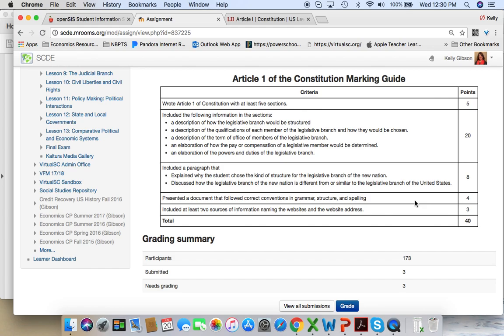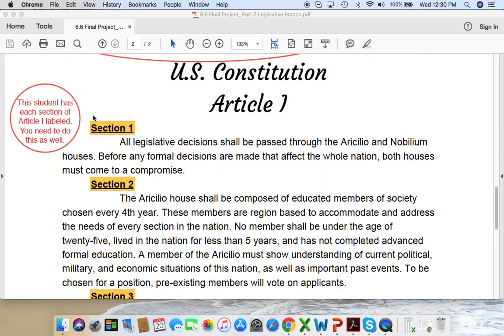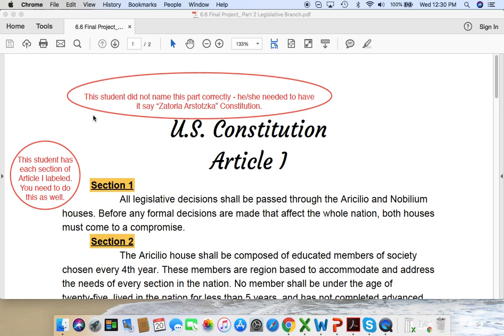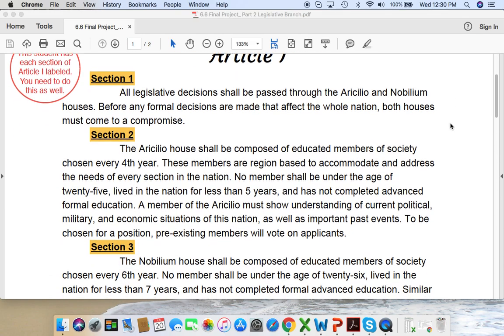Now, some of you might want to see an example, and I do have one. This time, it is not a perfect example. As you can see here, the student forgot to name it for her country, or his country. His or her country is named Zatoria Arzatowska, and should have had that here instead of U.S. Constitution. But the things the student did well, they had each section labeled.